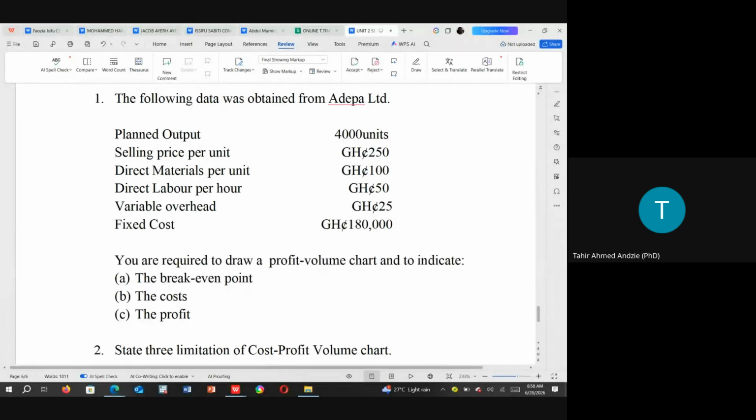Then you look at sales at 500 and the cost at 500. Sales at 1,000, cost at 1,000. Sales at 1,500, revenue at 1,500, cost at 1,500, and then you get the profit. When you finish, you just plot it on the chart.